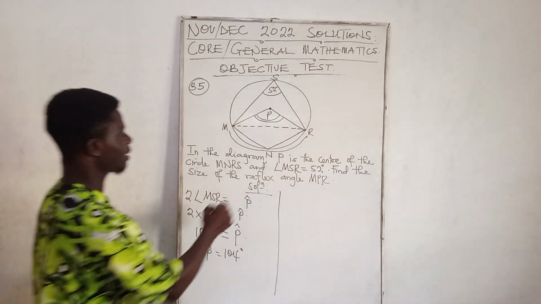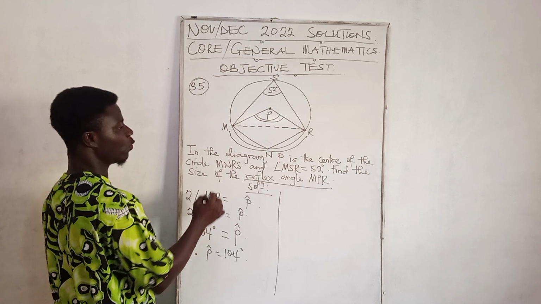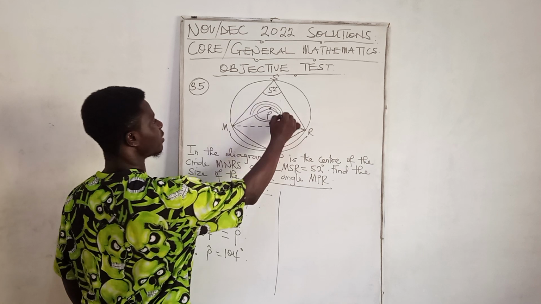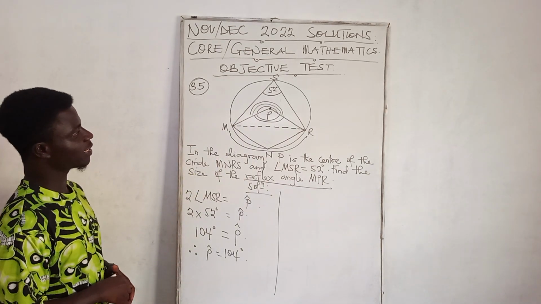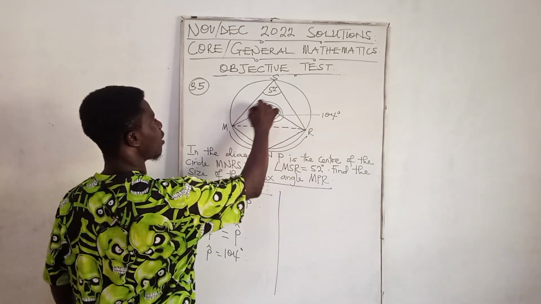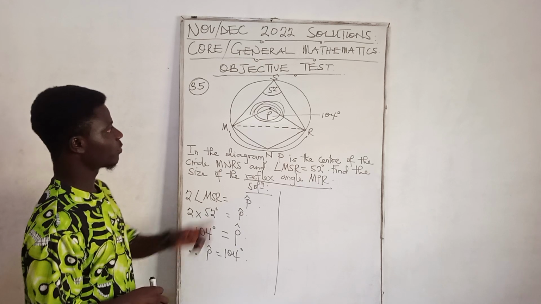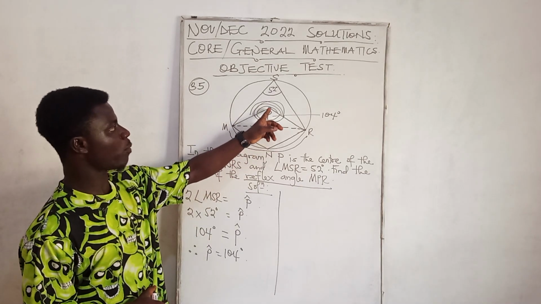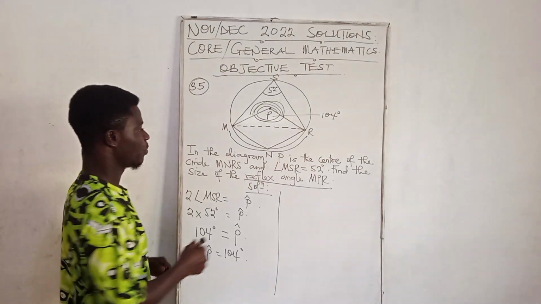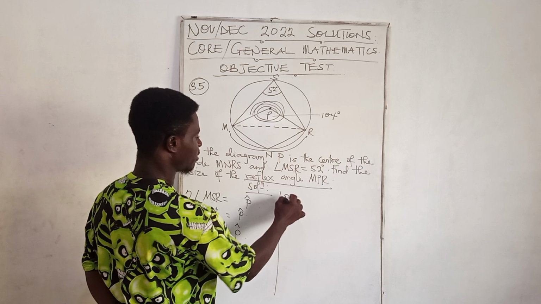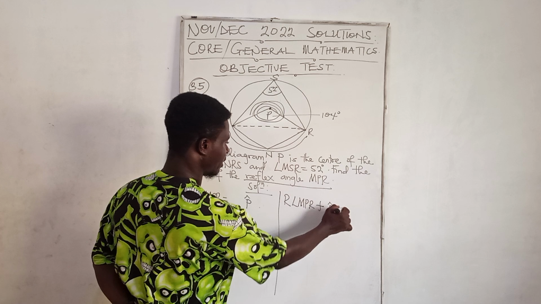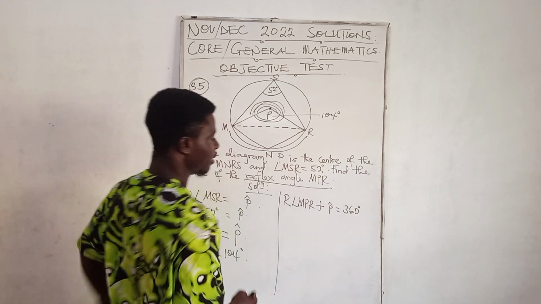But the question is asking us to find for what? Reflex angle MPR. So we are to find for this place here. We are to find for the reflex angle. So we all know that here is what? 104 degrees. So how best can we find for the reflex angle? Angles that meet at a point sum up to what? 360 degrees. So we can say that reflex angle MPR plus angle P equals 360 degrees.